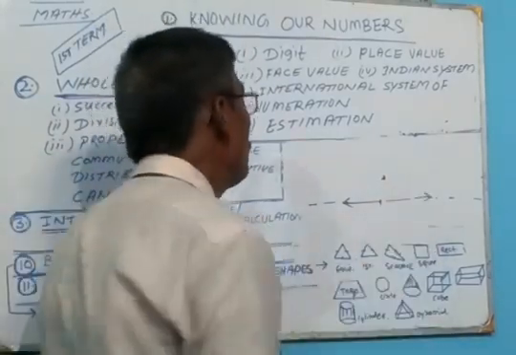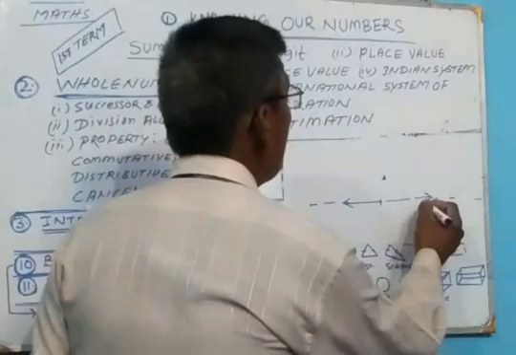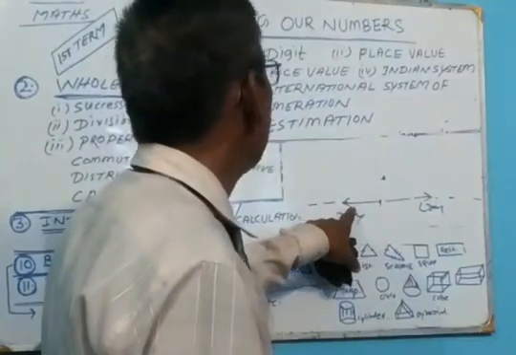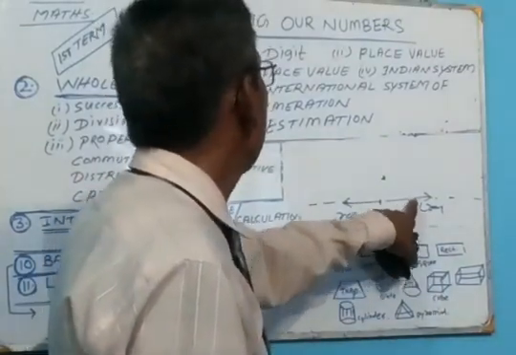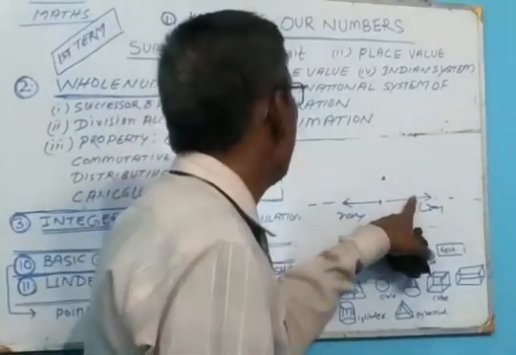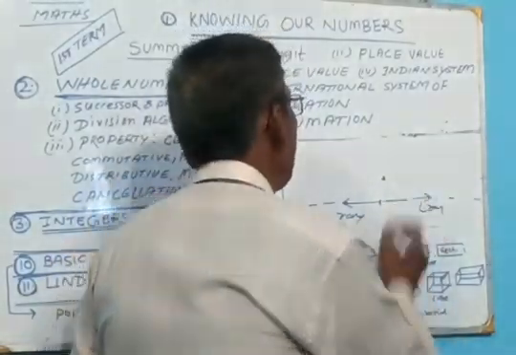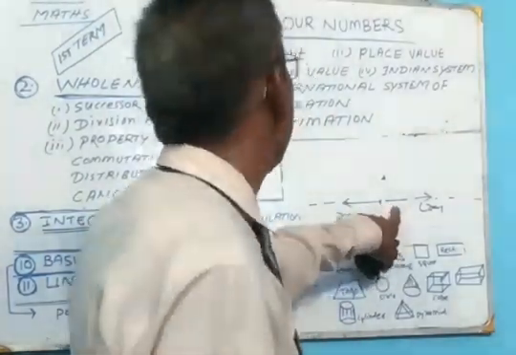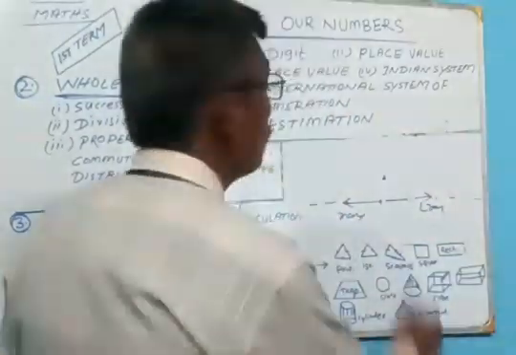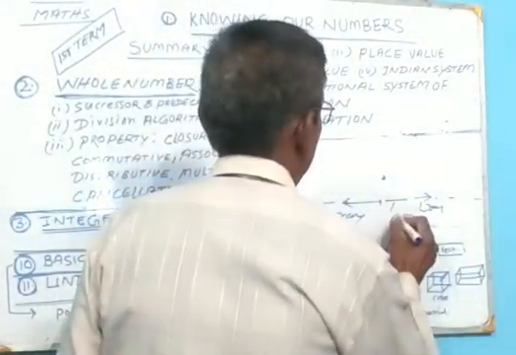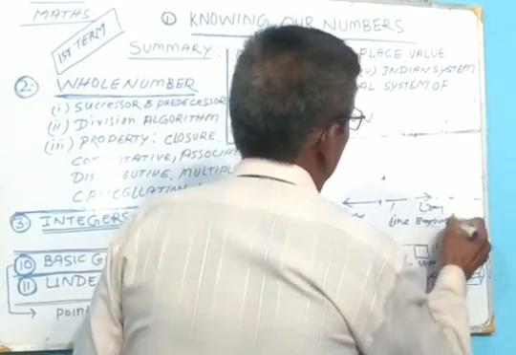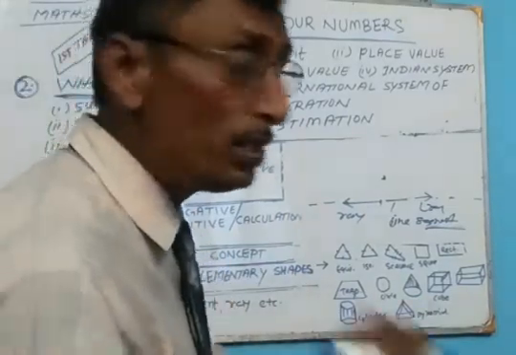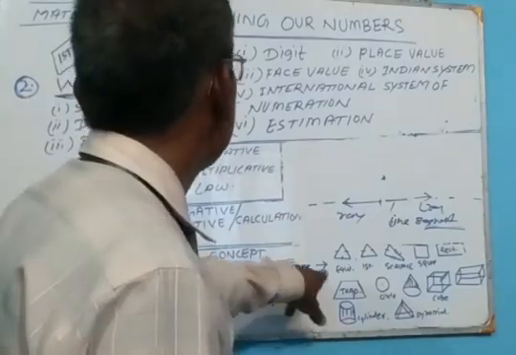And if we cut it like this, then it has only one direction, but in this part there is no direction. So it has an end point. That means a line has no end point, but a line segment has end points and a ray has only one end point. So it is called a line segment.